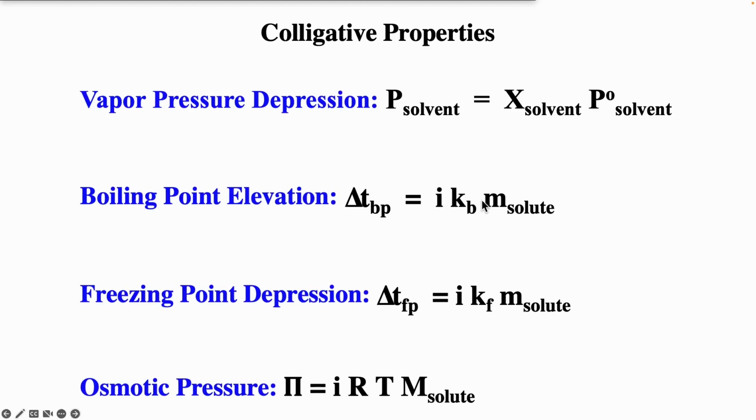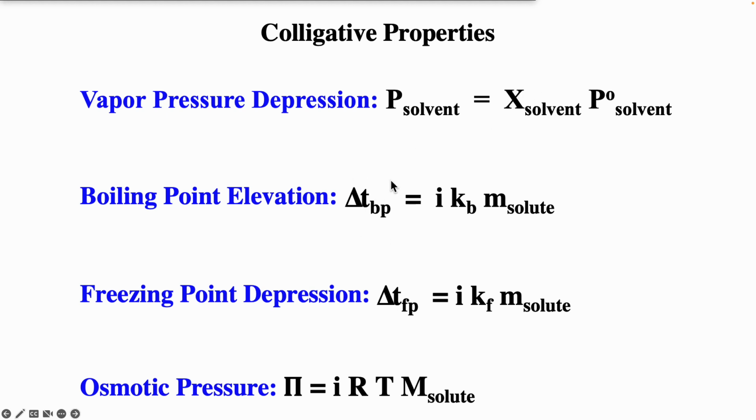And so you've elevated the boiling point, depressed the melting point, and reduced the vapor pressure, and osmotic pressure is also a colligative property. Now it's kind of interesting if we look at these. The vapor pressure of the solvent is equal to the vapor pressure of pure solvent times the mole fraction.